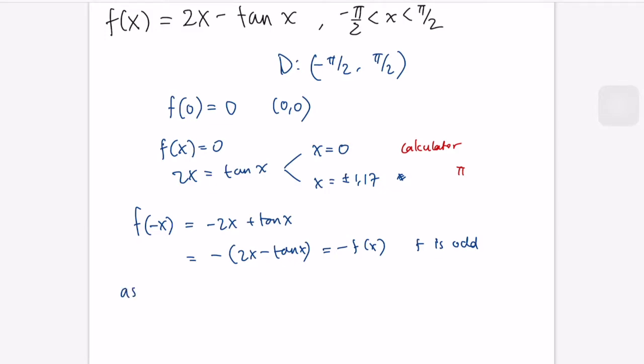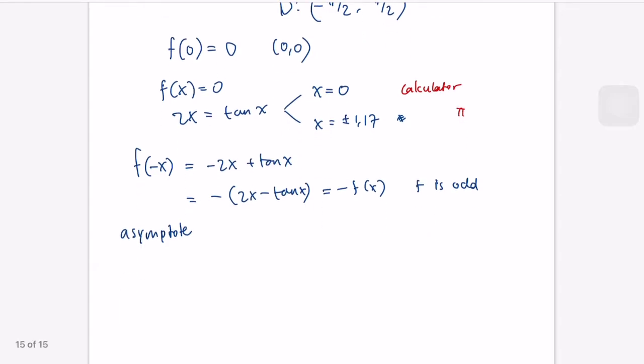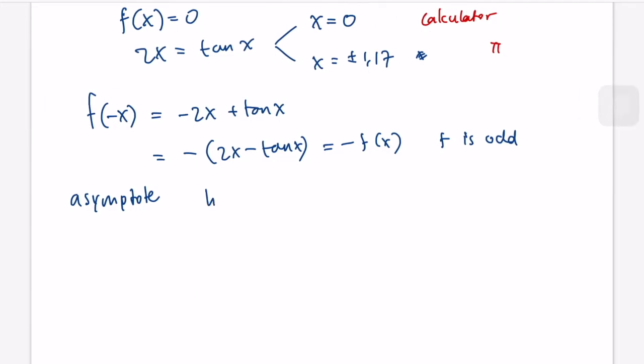Okay, finding the asymptote. Based on tangent, you know that there will be an asymptote, right? So we can have a limit. We can check the domain. First is negative pi over 2. We can check from the right, it will be positive.